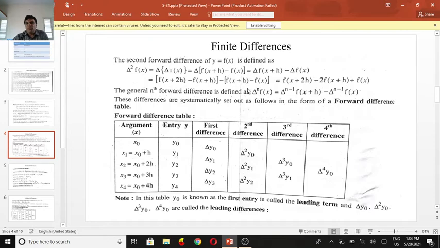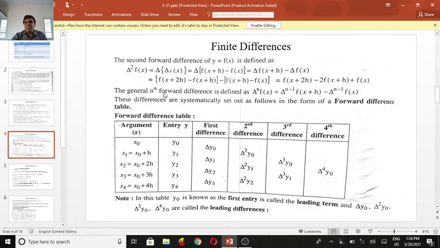Opening this, we get f of x plus 2h minus 2 times f of x plus h plus f of x. Generally we go for second order, third order, fourth order, etc.